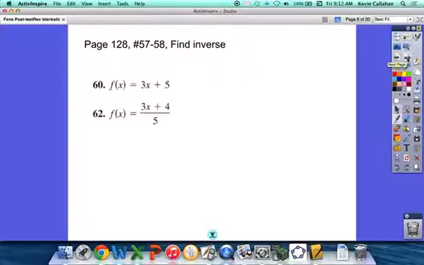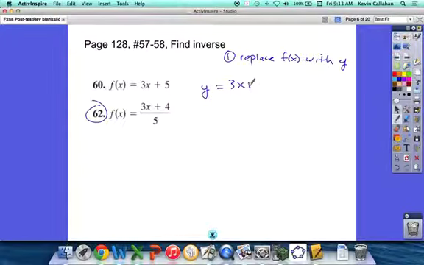Okay, find an inverse. Remember the steps for finding an inverse. Step 1, replace f of x with y. So let's say I'm doing this one here. y equals 3x plus 4 divided by 5.